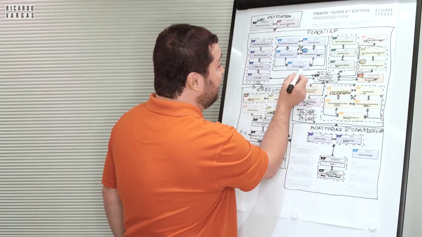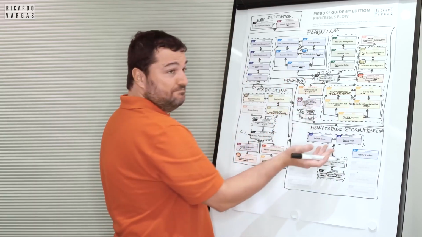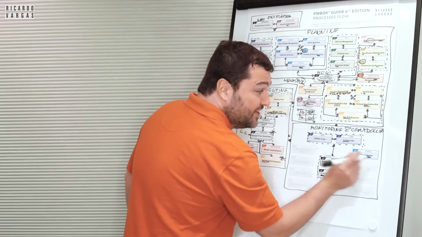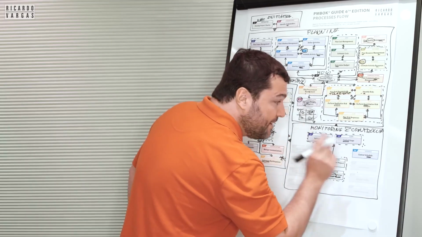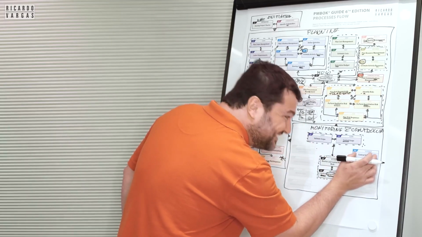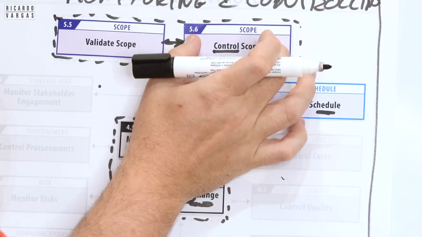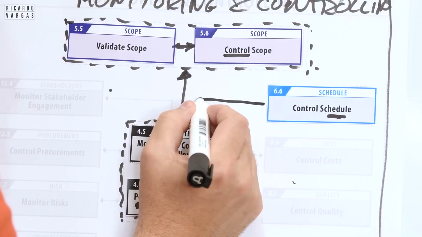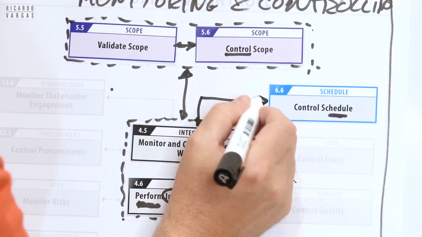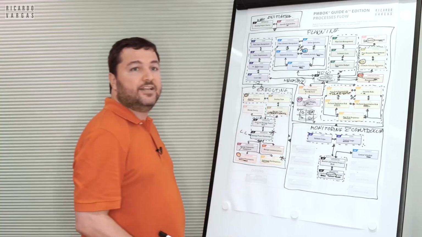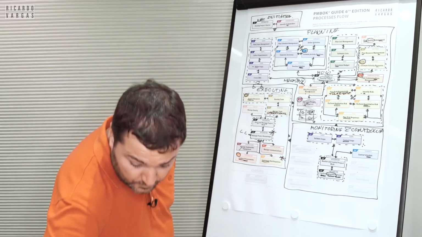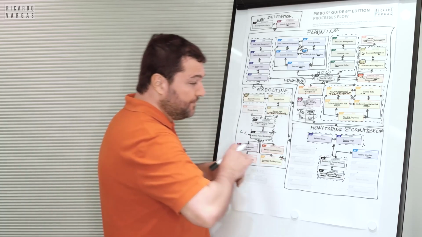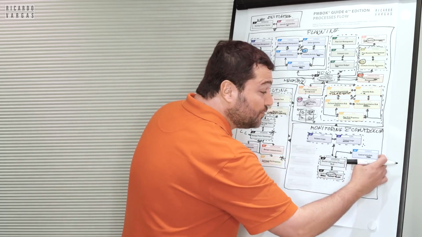Remember, here I have a schedule, but maybe things are not perfect. So here I control. Remember, here the focus is on time. Here, scope, control schedule. And this will be added to this integrated change control.